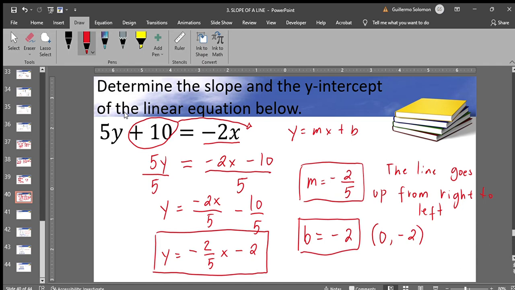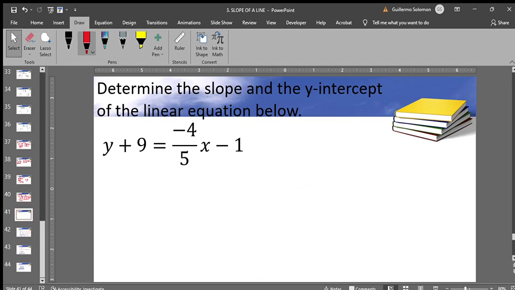And then the last example here, this time, you can pause the video and try to transform this one into slope-intercept form. Always remember that the slope-intercept form is in the form of y is equal to mx plus b. So again, since we have a positive 9 here, ito ang kailangan nating ilipat sa right hand side ng equal sign.